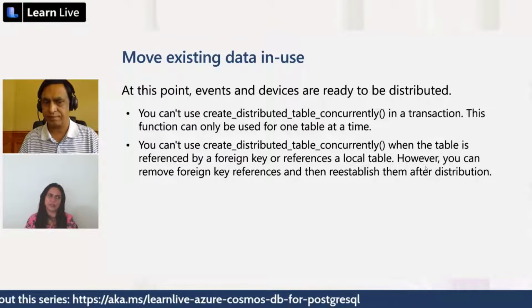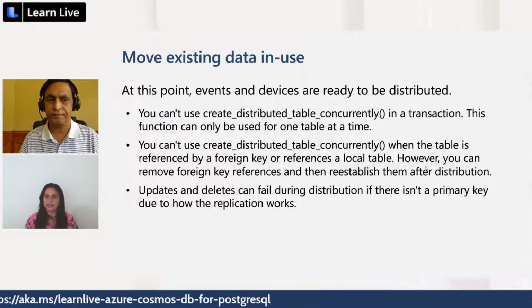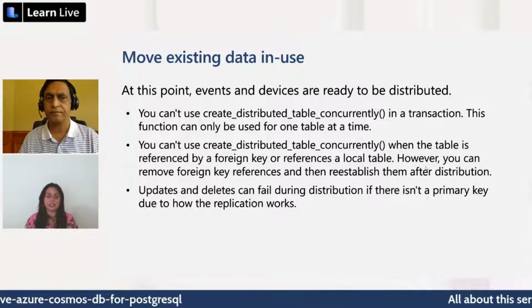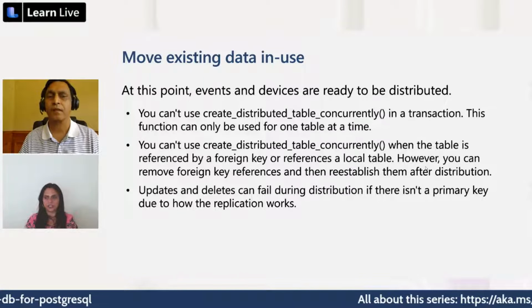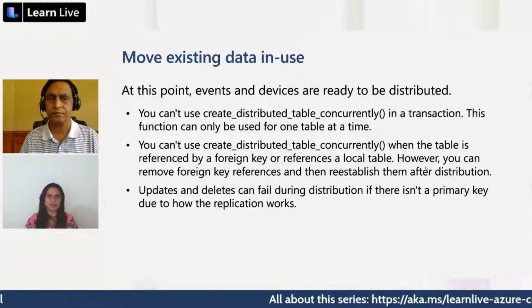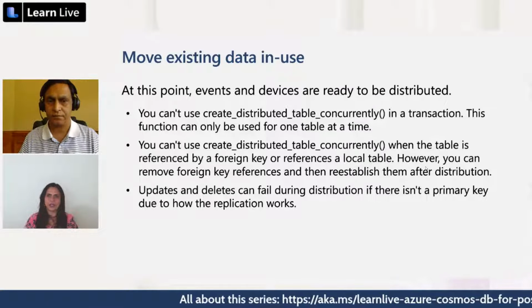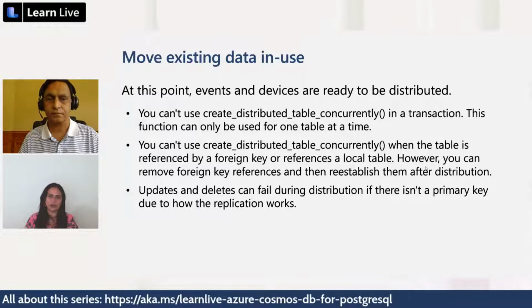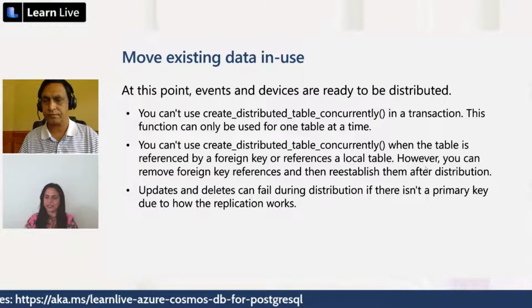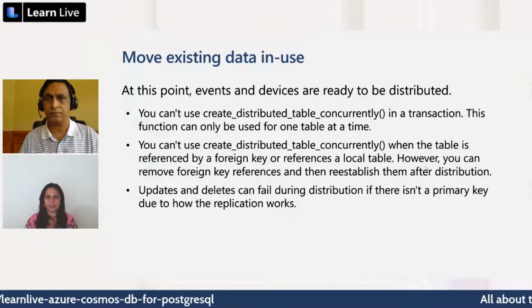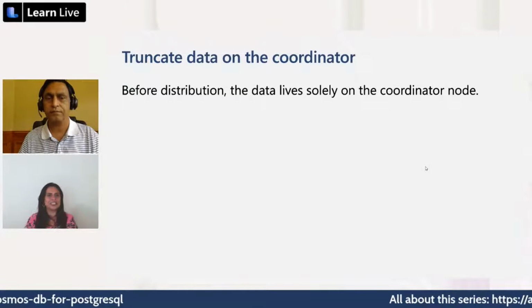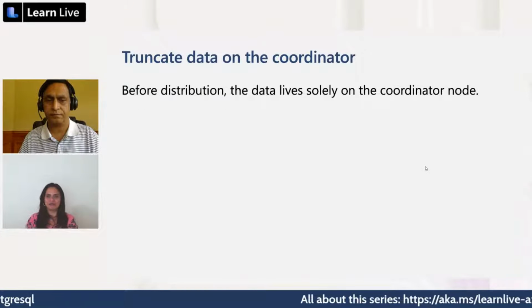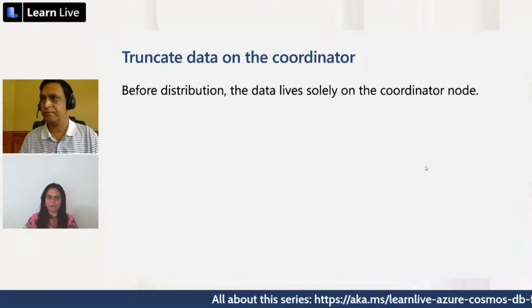And that's also something that Srini just mentioned. Otherwise the updates and deletes will fail during the distribution if there are no primary keys. So you have to ensure that you have the primary key before you do anything. You have to remove the foreign keys, and you cannot run create distributed table concurrently, especially on multiple tables. And like Srini said, you need to truncate it before you do anything.